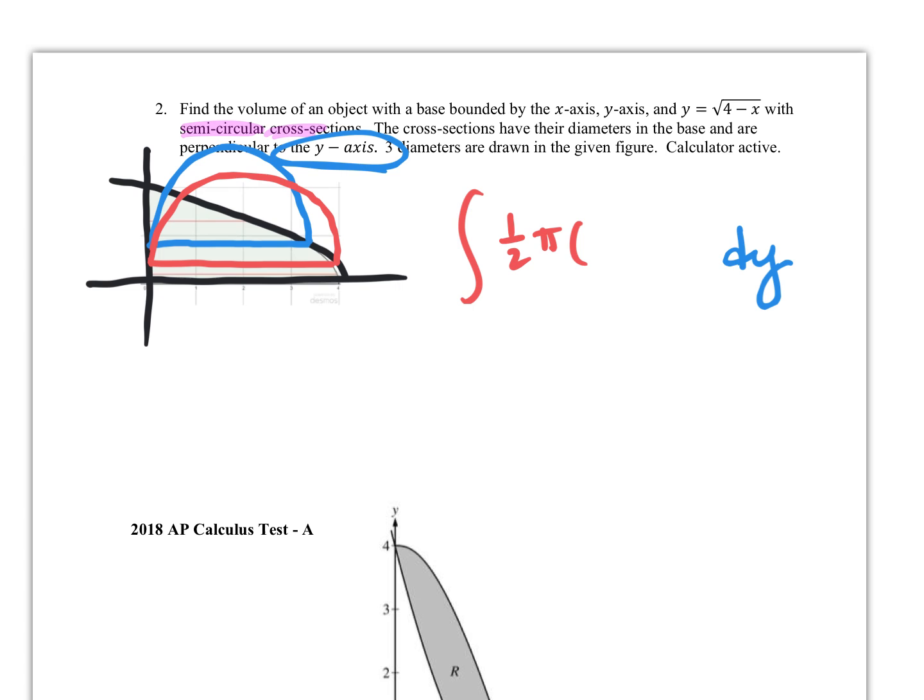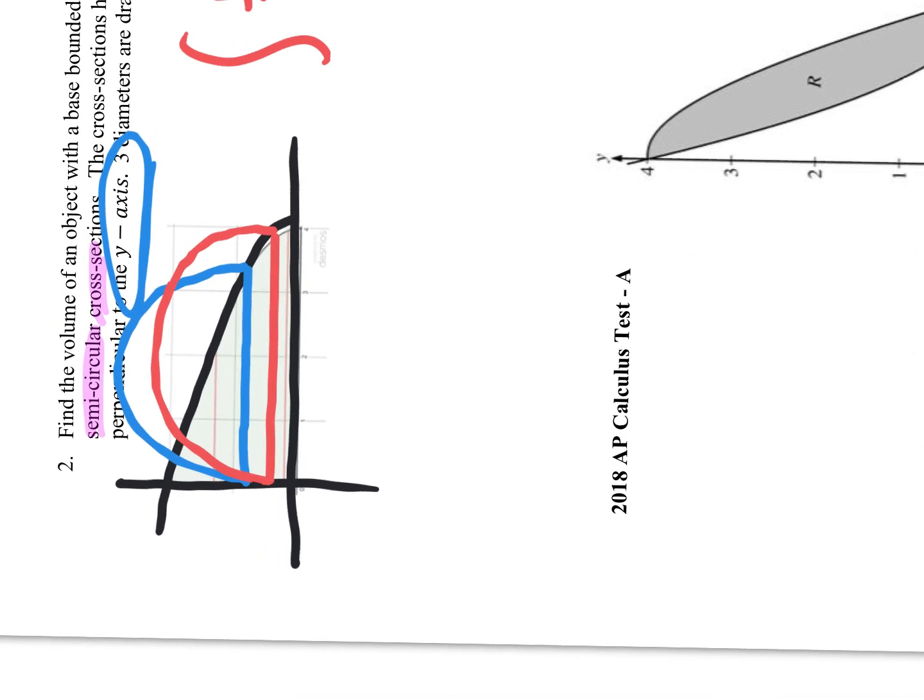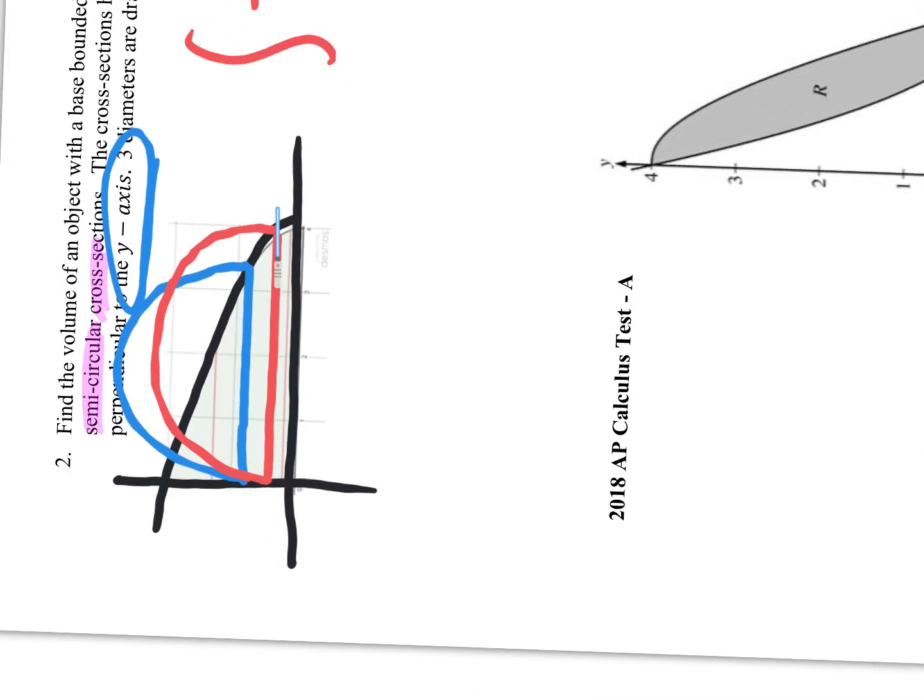1/2 pi r squared. You guys, we got to go find our r. Look what they said. They said the diameter is this. Well, don't forget, what is that? Isn't that just upper minus lower? Isn't that diameter just the function to this y-axis?